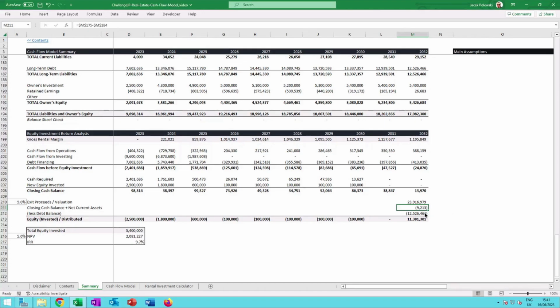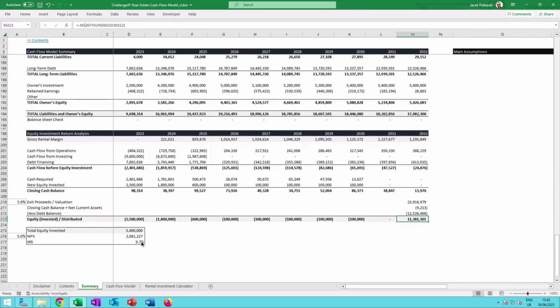And then finally, from that big figure, I'll also subtract the level of debt balance that I have on my balance sheet. And that allows me to arrive at the final figure of proceeds that I would be able to distribute among investors if I were to, for example, sell the business.